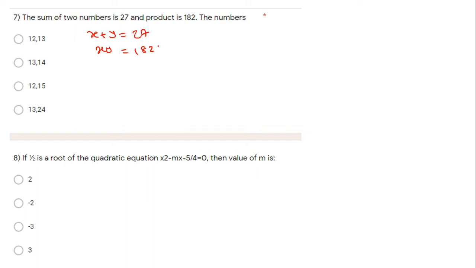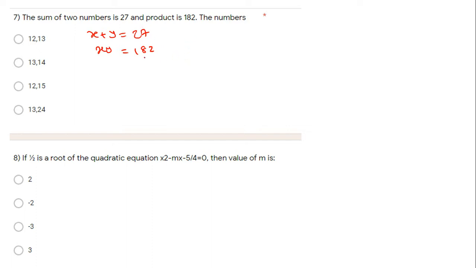Okay, one more thing I want to say: if you don't want to make equations for this kind of problem, does anybody have an idea what we can do here? Ayaz, Raghu, what can we do here? Yes, trial and error is the option here.